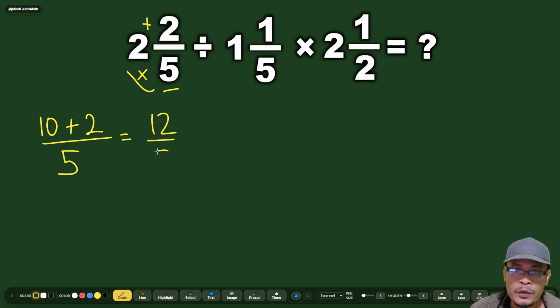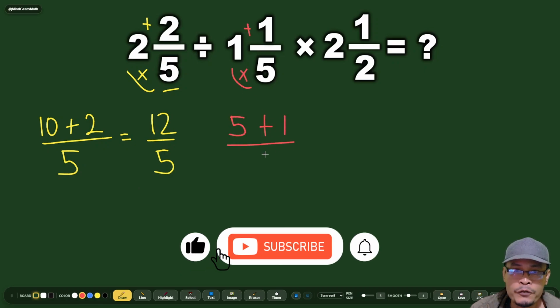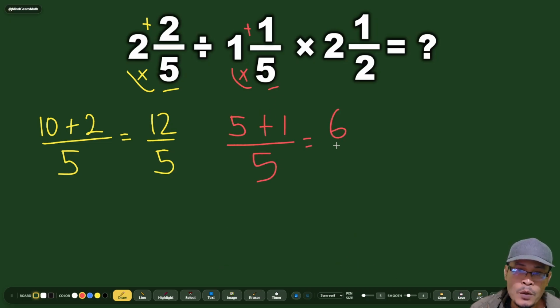So it becomes 12 over 5. Next, 1 and 1 over 5. 1 times 5 is 5, plus 1 is 6. 6 over 5. And 2 and a half. 2 times 2 is 4, plus 1 is 5. 5 halves.